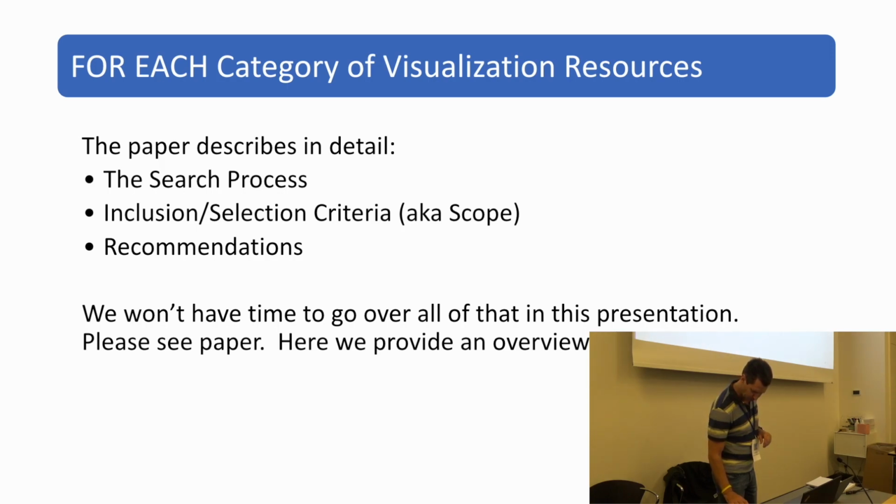Okay, so for each category of visualization resources in the PDF, we go into the search process, like what was the search process that we used to find them. We go into details about how we included the resources and which ones we left out. And then we go into recommendations too, like when do you use these and who do we think they're good for.